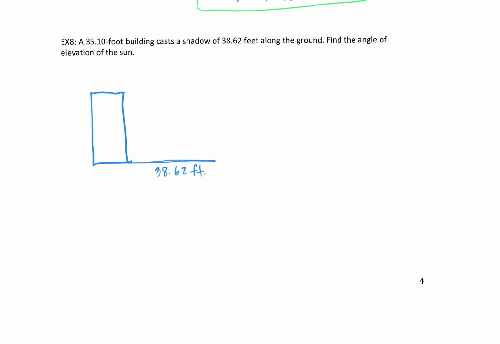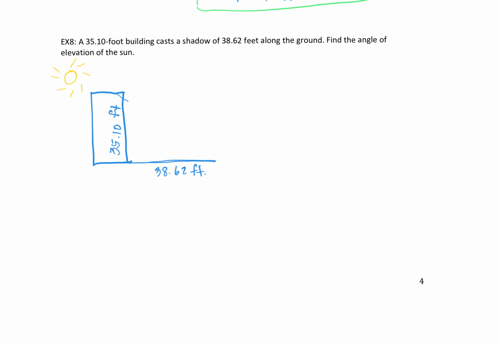The building is 35.10 feet. We're supposed to find the angle of elevation of the sun. So if you think about it, the sun's going to be behind the building, it's going to be shining down, and it's going to create that shadow.